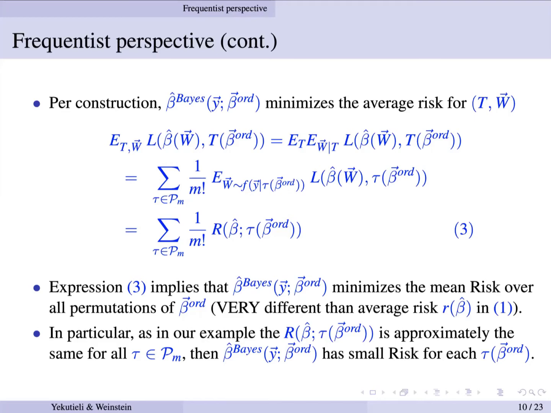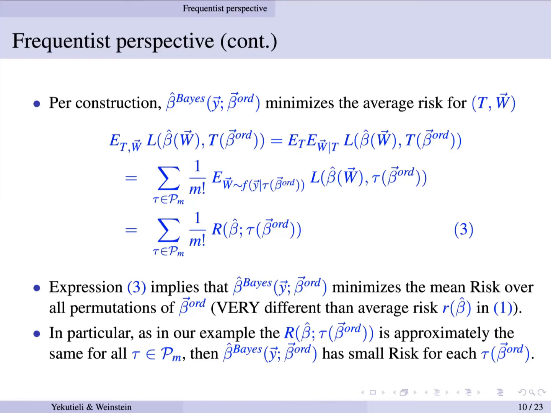I have fixed X and fixed beta, and I'm saying, let's look at the distribution of Y for one particular ordering of beta. This would be this guy. It's a distribution of Y given one ordering of beta. And let's see how it changes if I change the ordering of beta.